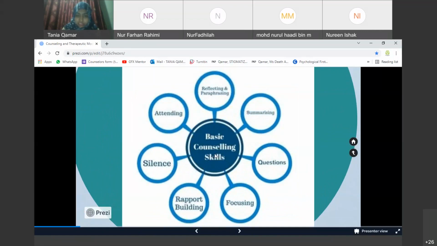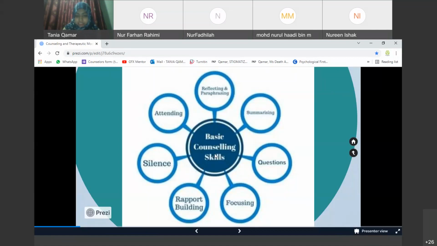Basic counseling skills are reflecting and paraphrasing, summarizing, attending, silence, rapport building, focusing, and questions. These are the basic counseling skills, the basic characteristics of a counselor.